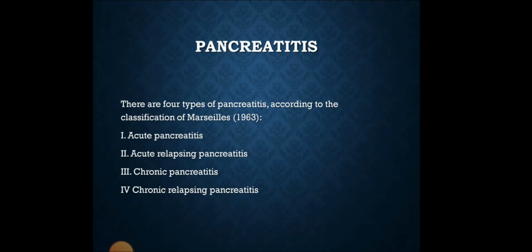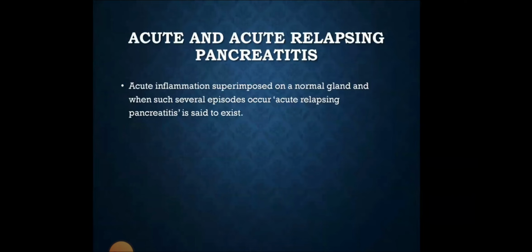Another classification is also there based on the etiology, but Marseille's classification is more important, and that etiological classification is called Trapnell's etiological classification. In the notes I have just mentioned that. Now it is about acute pancreatitis.